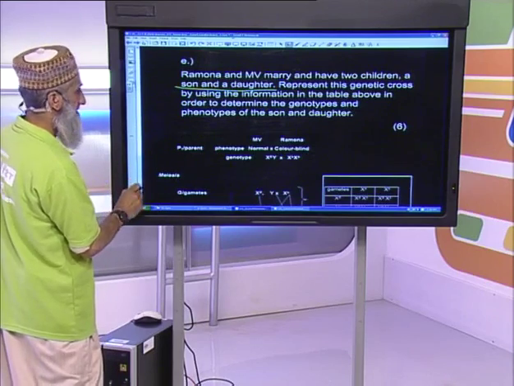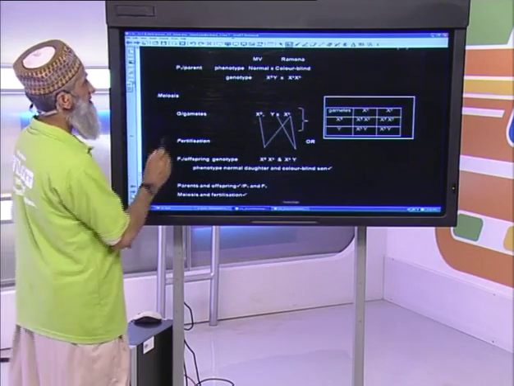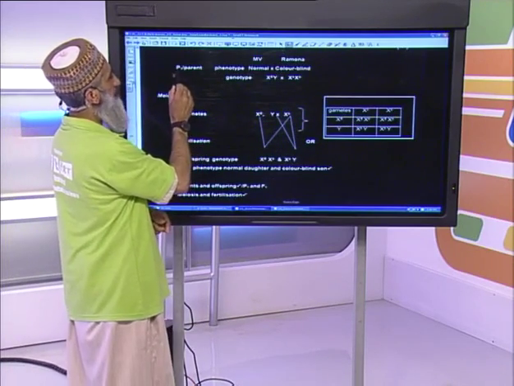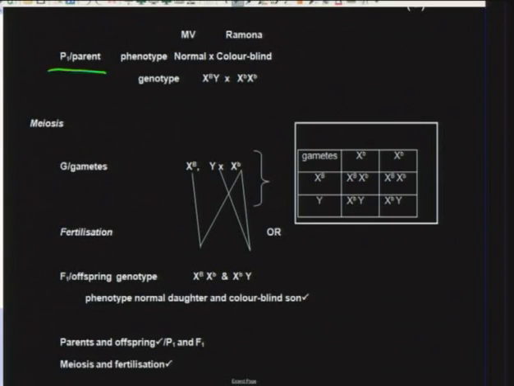And let's look at this one. So we say P1 or parent phenotype: MV was normal from the table, Ramona was colorblind from the table. So obviously MV's genotype would be X capital B Y, and Ramona's genotype would be X small b X small b from the table anyway.